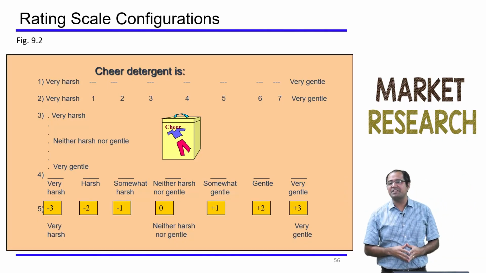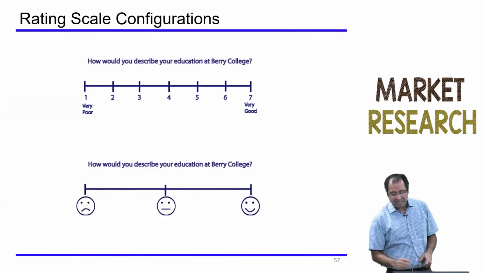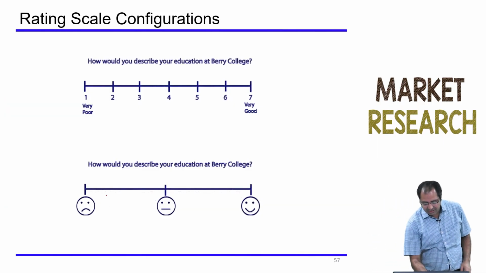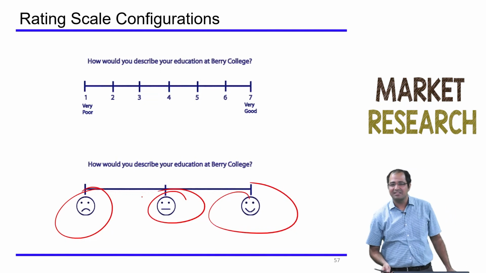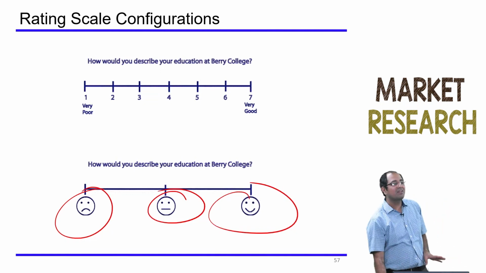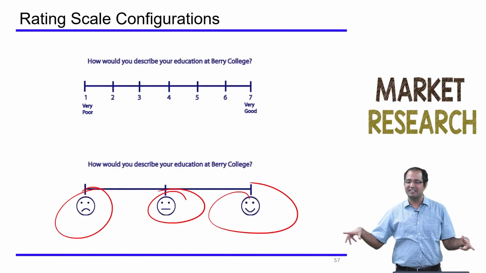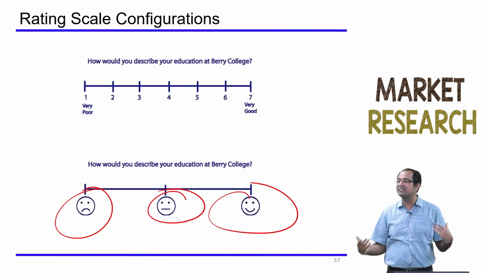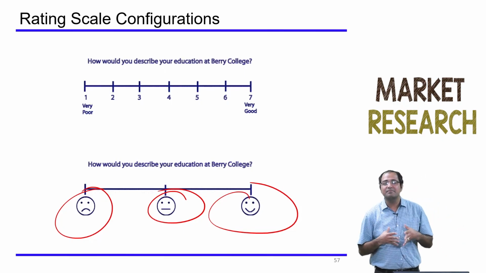And sometimes the physical form of the scale could also vary, like when you are asking children. Instead of giving them strongly agree, strongly disagree, if you make smileys, they would understand better. Or when you write happy and sad, instead of that, you can put smileys which are more understandable by that audience.